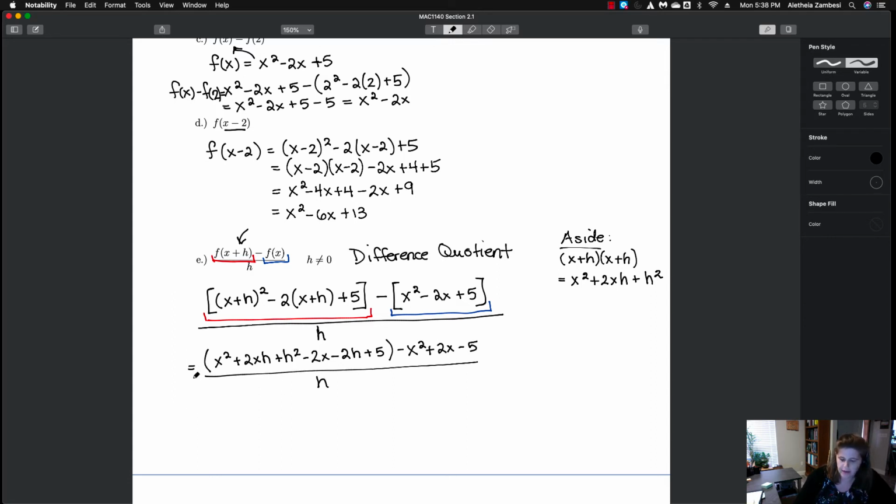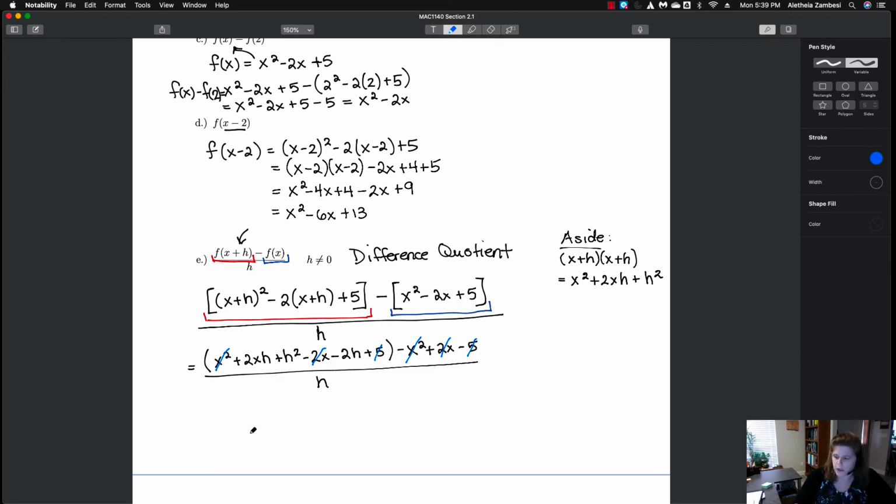Now I don't have a negative outside this parenthesis, so really I can drop those parentheses and combine some like terms. So looking at each piece, I've got an x squared and a negative x squared, so I can cancel that term. I have a negative 2x and a positive 2x, and I have a positive and negative 5.